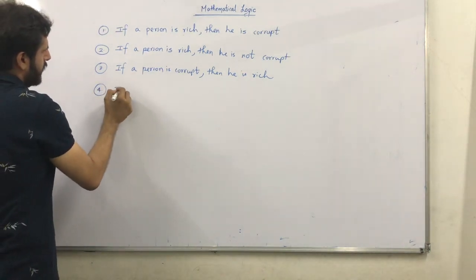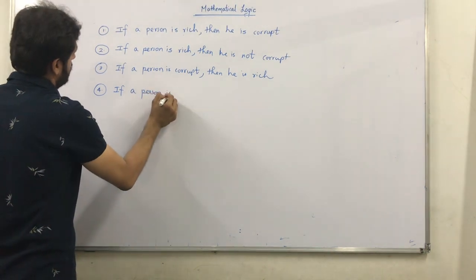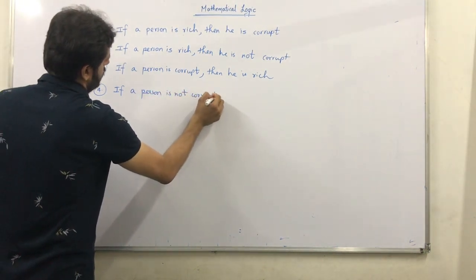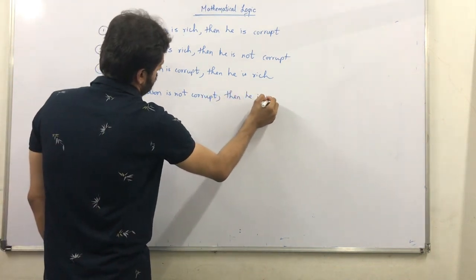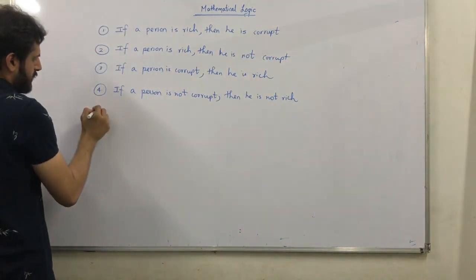Fourth statement, if a person is not corrupt, then he is not rich.